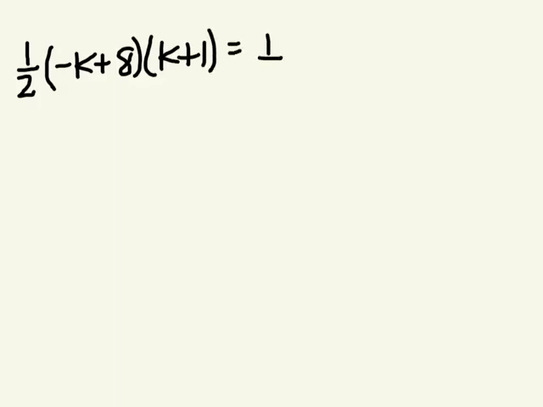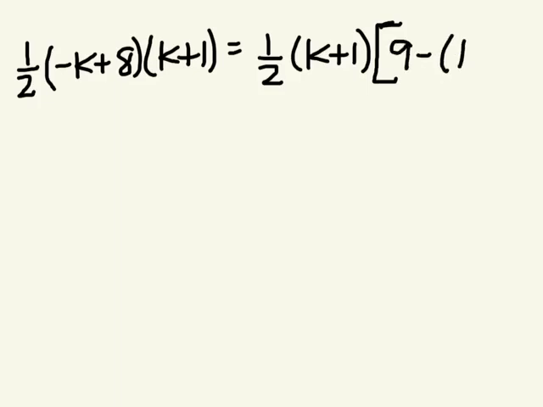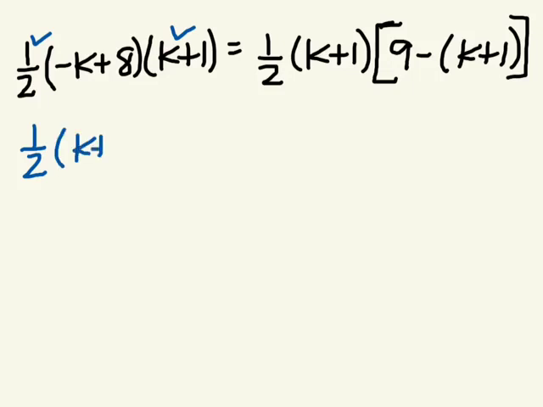So my goal was 1/2 k plus 1, and then I had 9 minus k plus 1. Let's see if I can get these to be the same. So the 1/2's all good. K plus 1 is good.